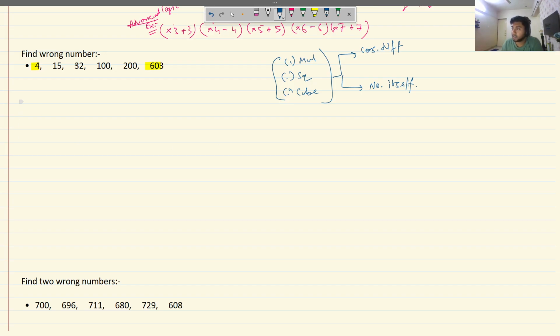I can see that 4 into 3 gives me 12, plus 3 will give me 15. Again 15 into 2 will give me 30, plus 2 will give me 32, and again 32 into 3 will give me 96, plus 4 will give me 100.